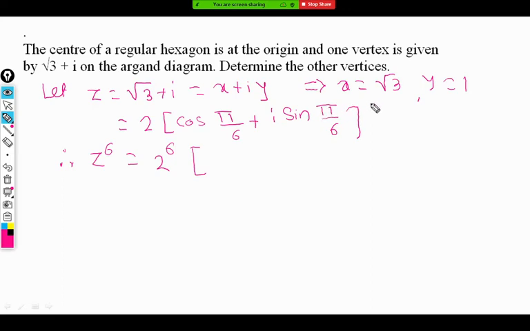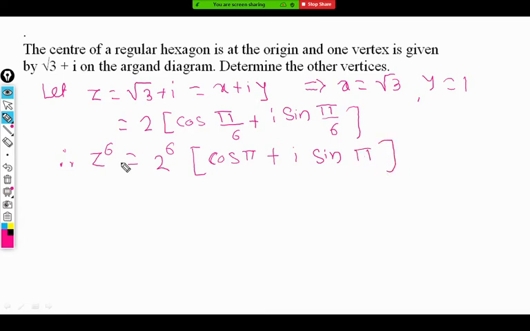Whenever raised to 6 is there, by de Moivre's theorem it becomes cos pi plus i sin pi. Is it required, actually, taking raised to 6 and then later on? Yes, it is required. My mistake. Yes, this bracket raised to 6 will come.